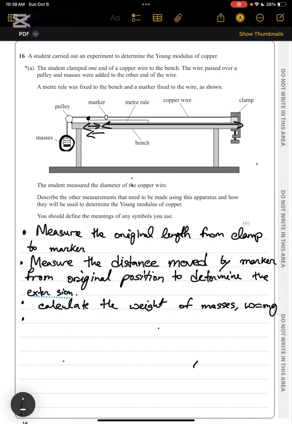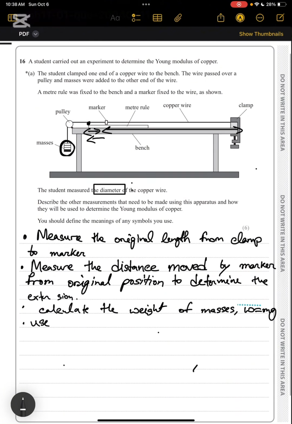And the fourth point will be we have to use this diameter to calculate the cross-sectional area. We're done with 4 points.